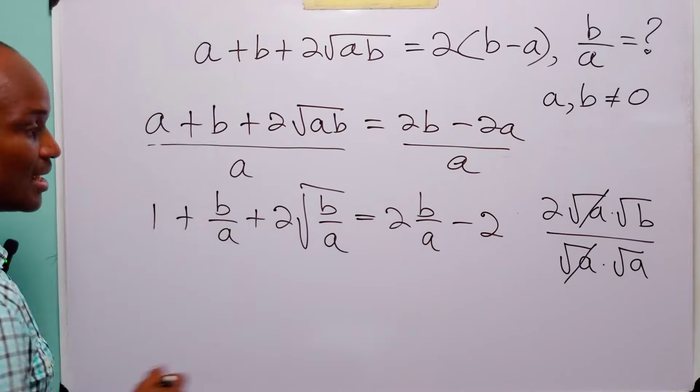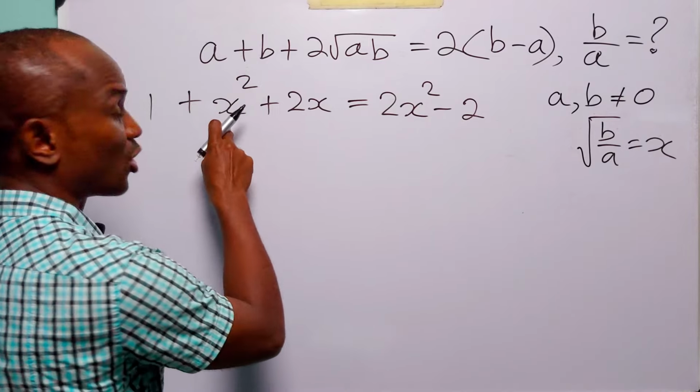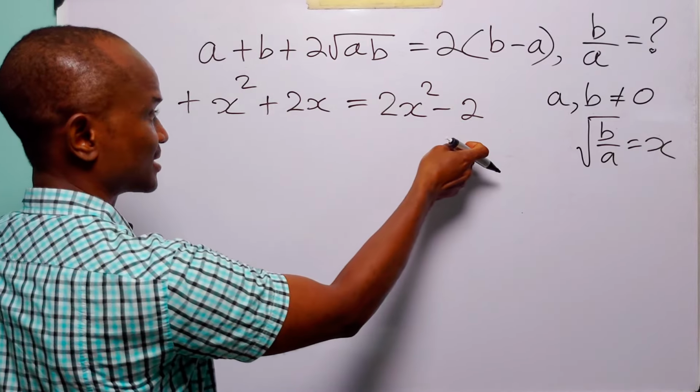So now we have 1 plus b over a is x squared. 2 times root b over a is going to be 2 times x. And this is equal to 2 times b over a, that is 2x squared, minus 2.